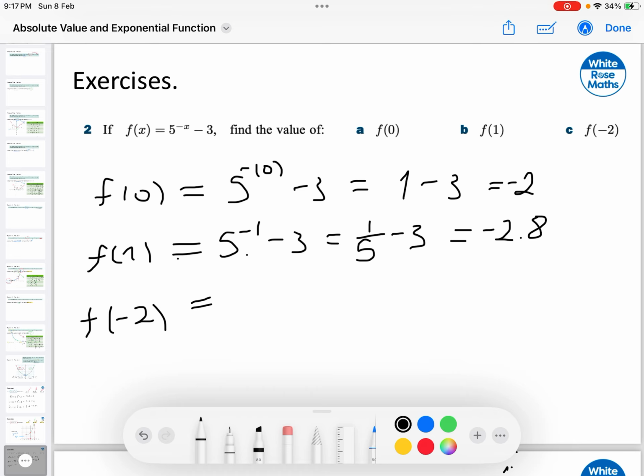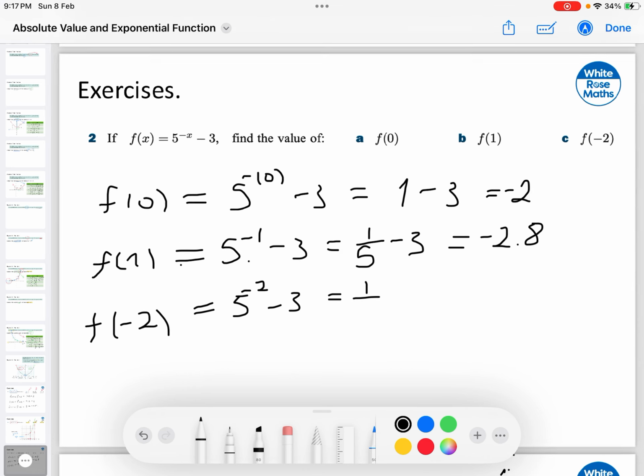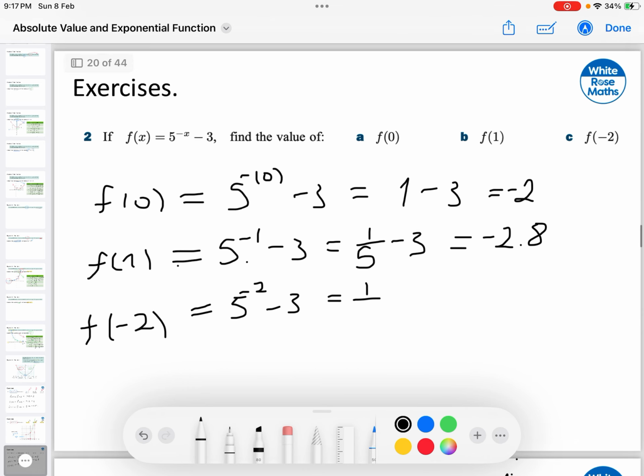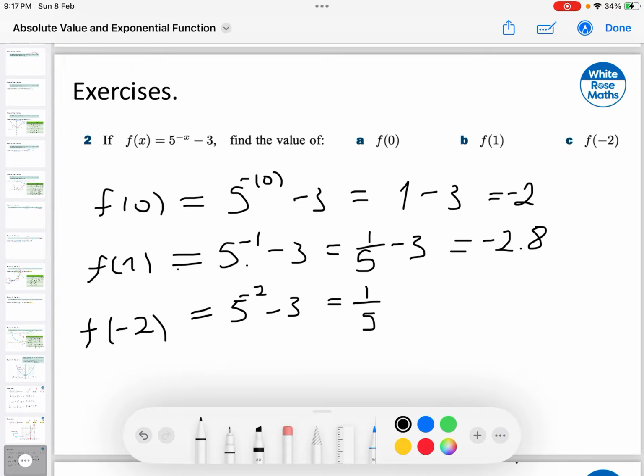And then finally f of negative 2. So that would be 5 with a negative 2 minus 3. That's the same as 1 out of 5 with a power 2 minus 3.